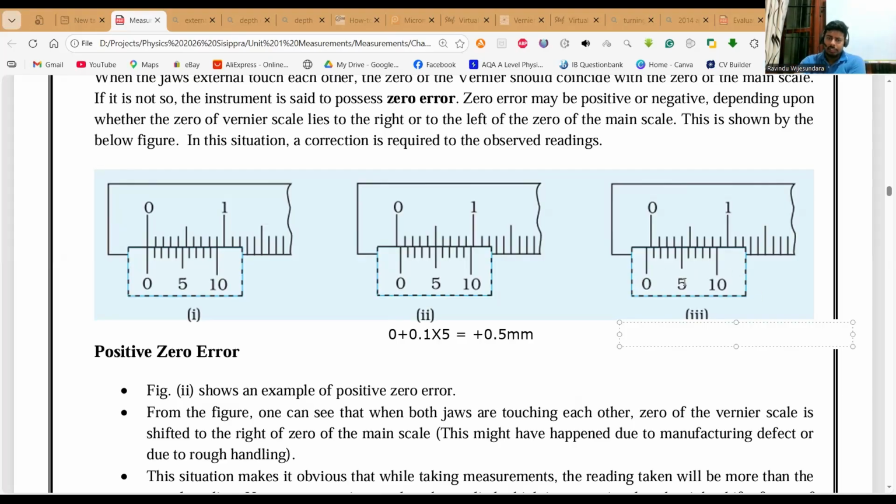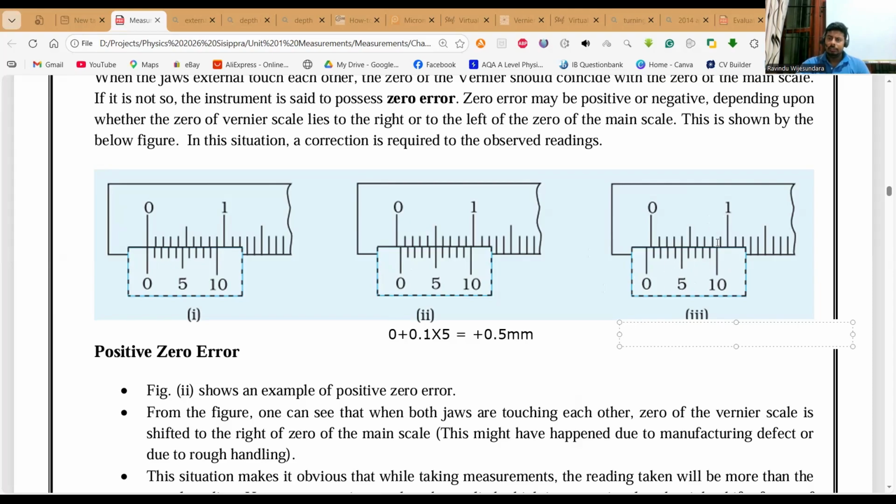Instead of 10, you are taking it as 0. 1 you are taking as 10. That means you are counting backwards. Right? Okay. Then the ninth millimeter mark is your 0 now.